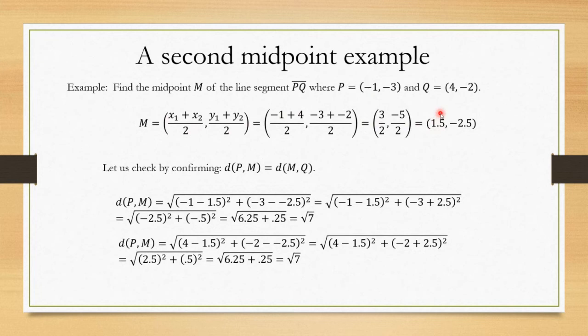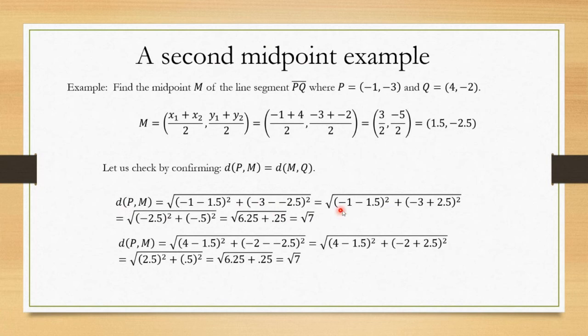So we get that. Okay, now let's check the distance again. The distance from P to M, right? We have P and M. We subtract the x coordinates of P and M: -1 minus 1.5 squared. And we subtract the y coordinates of P and M: -3 minus -2.5. Minus a negative becomes addition.